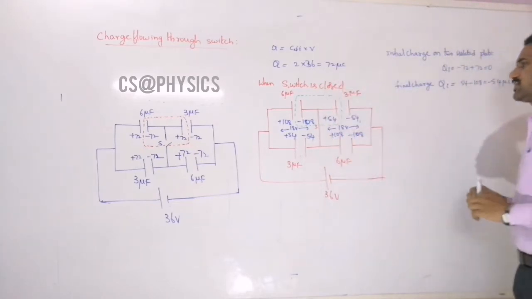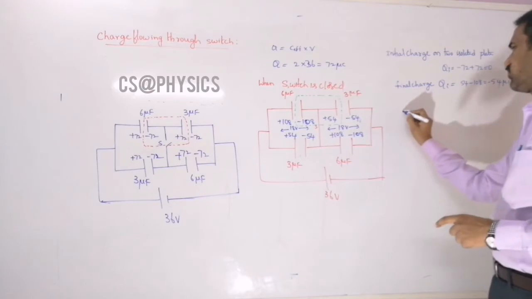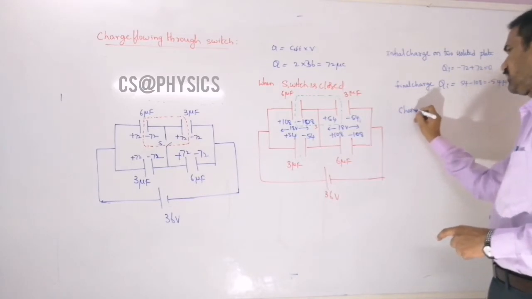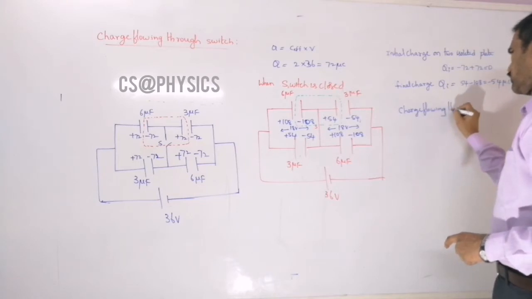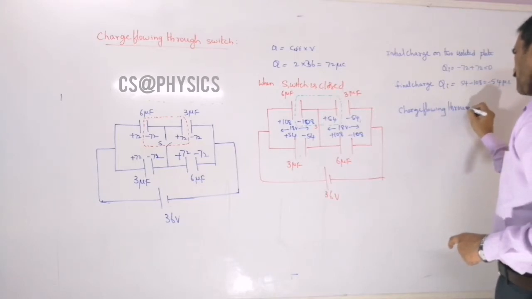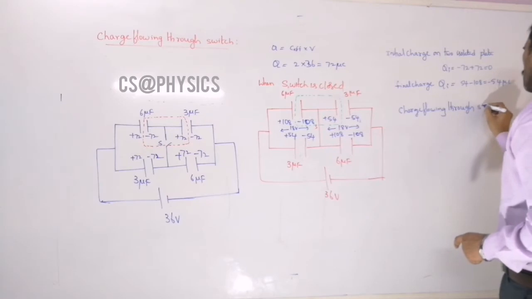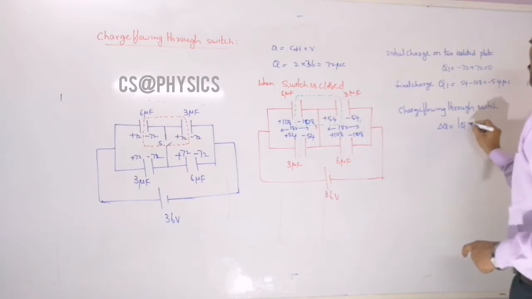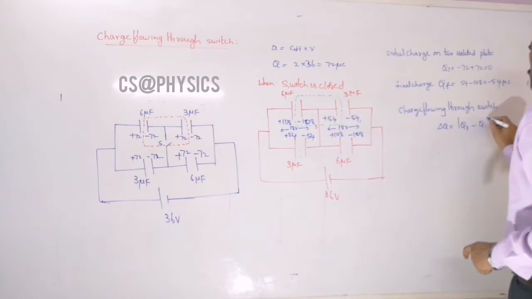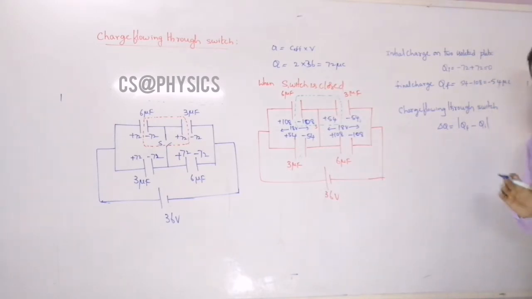And so now I can write this as, therefore, charge flowing through switch. So the charge flowing through the switch we can write as delta Q is equal to mod of Q final minus Q initial, the difference, and the modulus we are taking, just writing the magnitude.